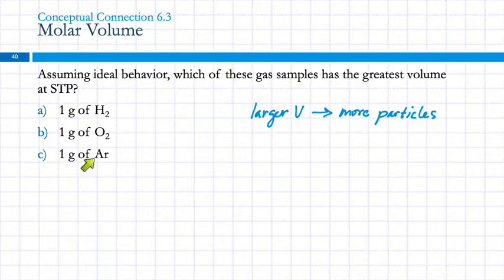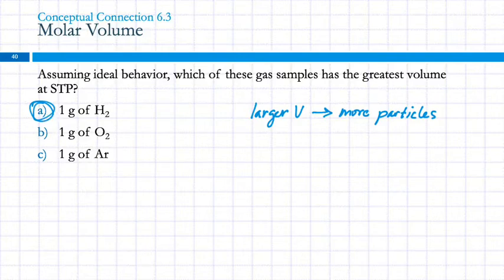So the argon atoms weigh more than the hydrogen molecules. So in the same mass, which one of these is going to have more particles? The hydrogen. The one with the smaller, lighter particles. The same amount of mass.